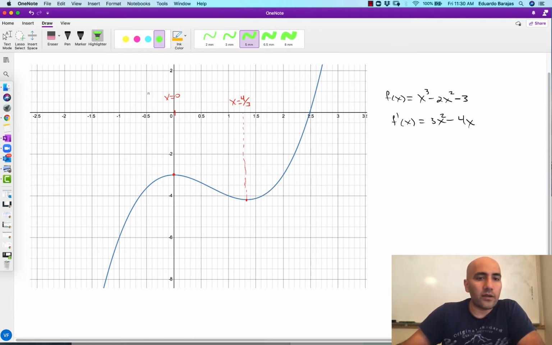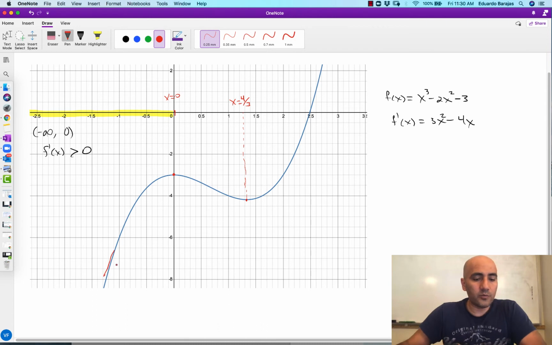And so now what we want to highlight here on the graph is that we figured out that on the interval from negative infinity to 0, the derivative is going to be positive. F prime of x is always positive, right? If we think about these tangent lines over here, the slopes of the tangent lines at various places are always positive. Sometimes they're big positives, sometimes they're small positives, but they're always positive.